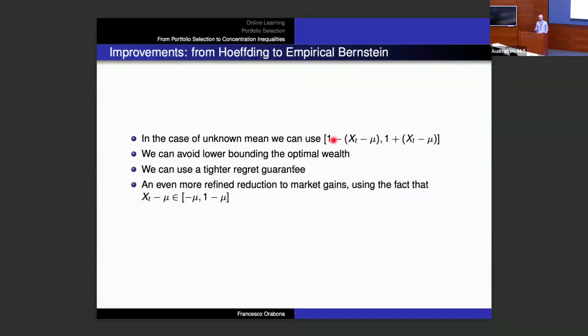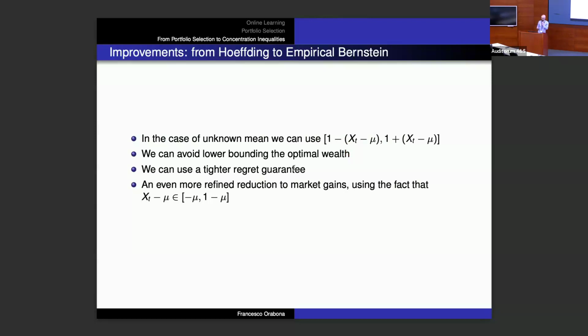So the first thing that we do is that when we construct our market gains, we say it's 1 minus the random variable minus mu. Again, this is a legal market gain because the random variable here is between 0 and 1. The random variable minus its mean is between -1 and 1. 1 minus this quantity is between 0 and 2. So this is a market gain.